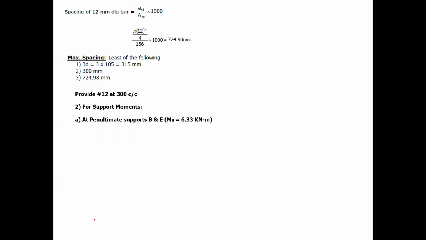Okay, take down. Therefore, provide 12 mm dia at 300 mm center to center. So in the first case, you have designed for span moment. So now we are going to design for support moment.